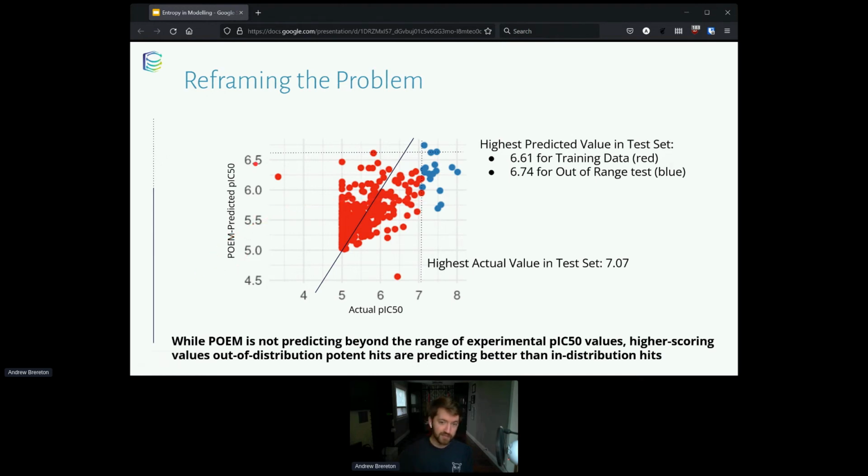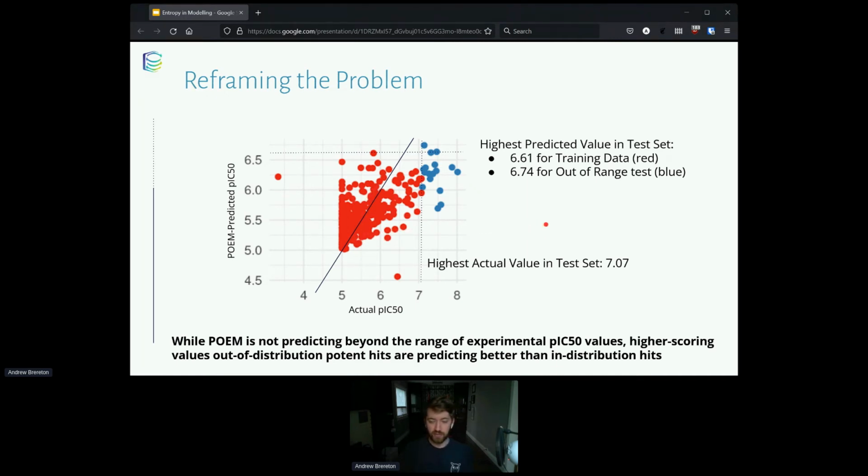And then on the y-axis here, I'm showing the actual prediction that comes out of POEM. And what we can see is that even though the actual predictions that come out of POEM can't exceed the highest value in the actual data, in general, these out of distribution molecules tend to predict with higher values than the reference molecules.